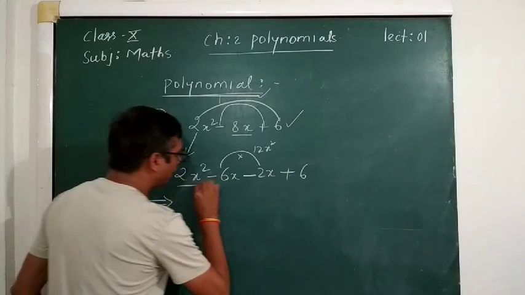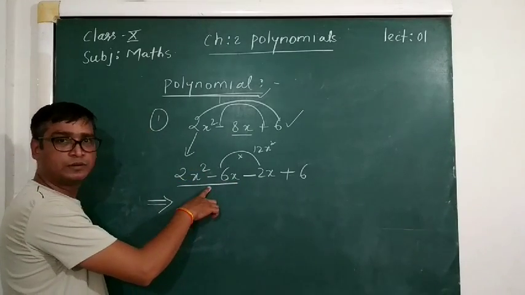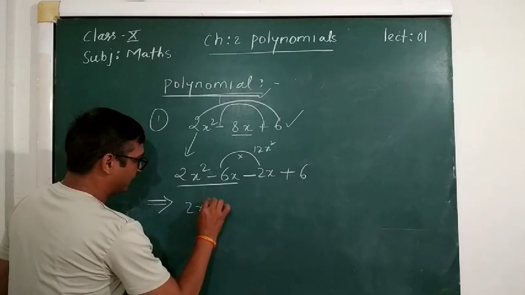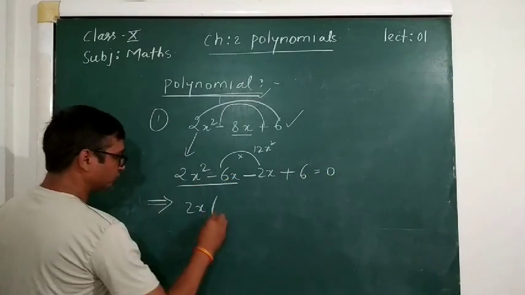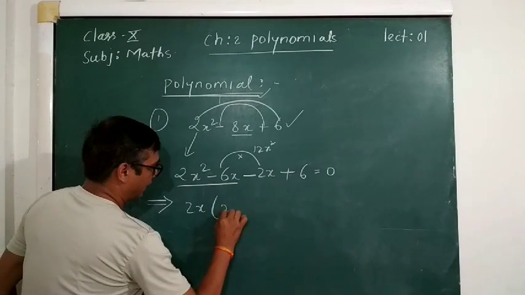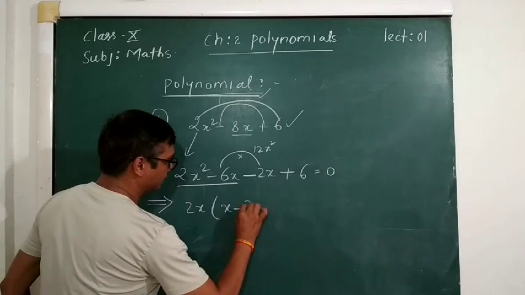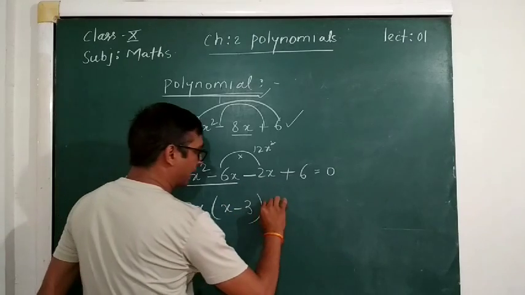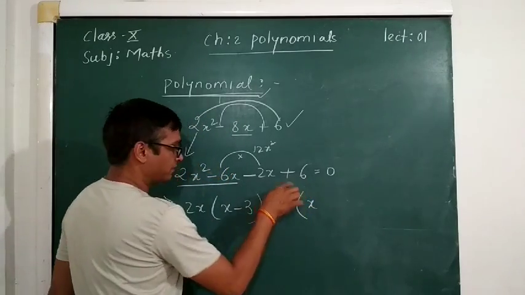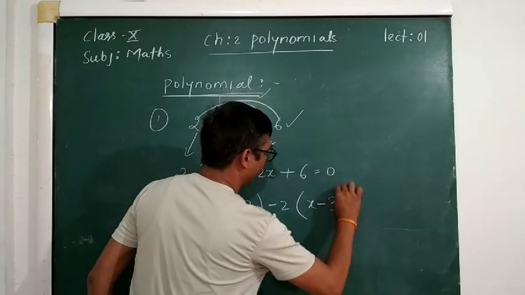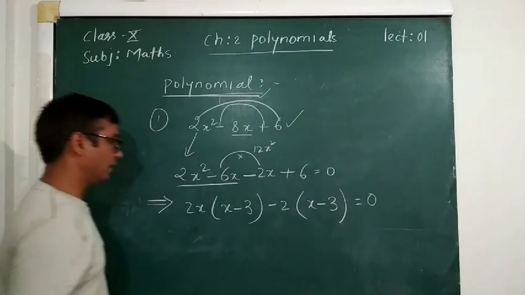We will now take commons in these two terms. So 2x will be taken common and this will be equal to 0. So it will be now x minus 2, 3, 6. Now again minus 2 will be taken. So x minus 3 is equal to x.